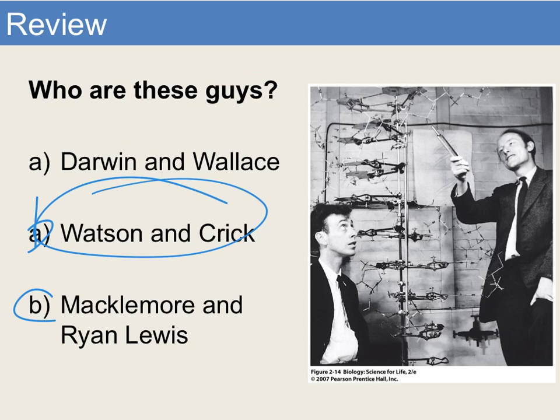And the reason they figured it out was because they took different atoms, as you may have seen in chemistry in high school, and put them together into a molecule. They pretty much did it that way, and it helped them figure out where things had to go.